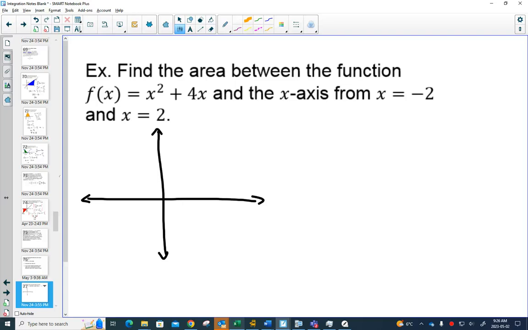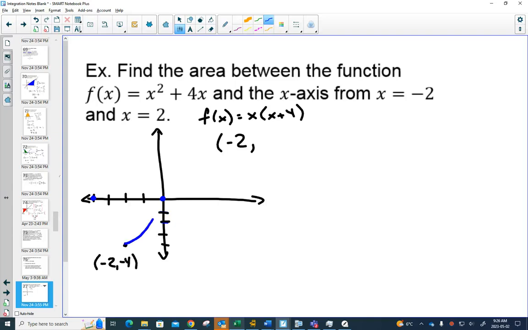I would probably factor this, and you see that factored, it's going to have x-intercepts at 0 and at -4. And if those are my x-intercepts, I know my vertex is going to be at -2. If I plug in -2, I'm going to get 4 minus 8. -2, -4 as vertex.